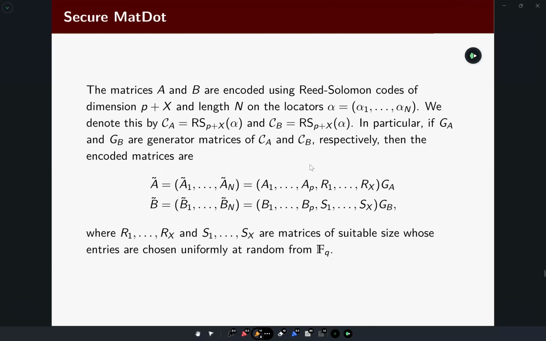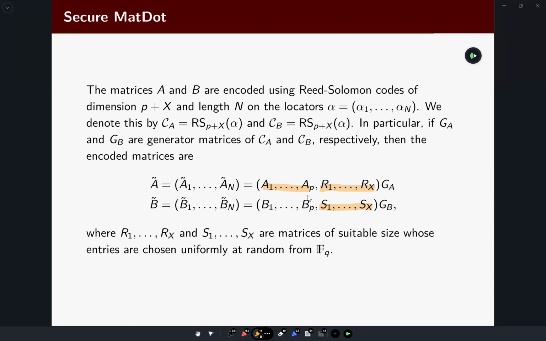And the security is added by inserting a certain randomness here. So instead of using a code of dimension P, which would make sense since we just want to send P pieces of information, if we want security, we need to add X random symbols in order to provide security of our protocol.